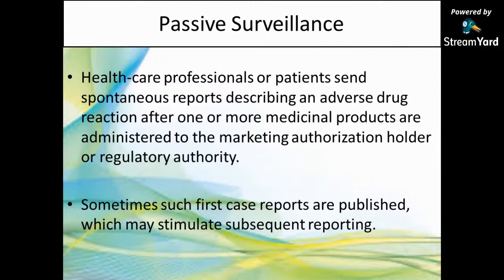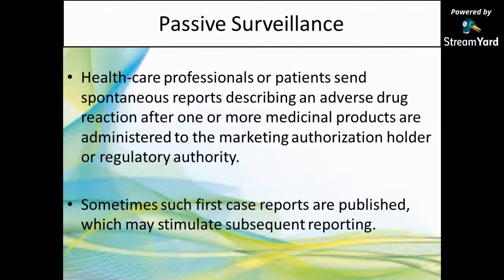This is a methodology in which healthcare professionals, that is physicians, pharmacists, nurses, or patients can send spontaneous reports which describe the adverse drug reaction occurring after taking one or more medicinal products to the marketing authorization holder or regulatory authority.